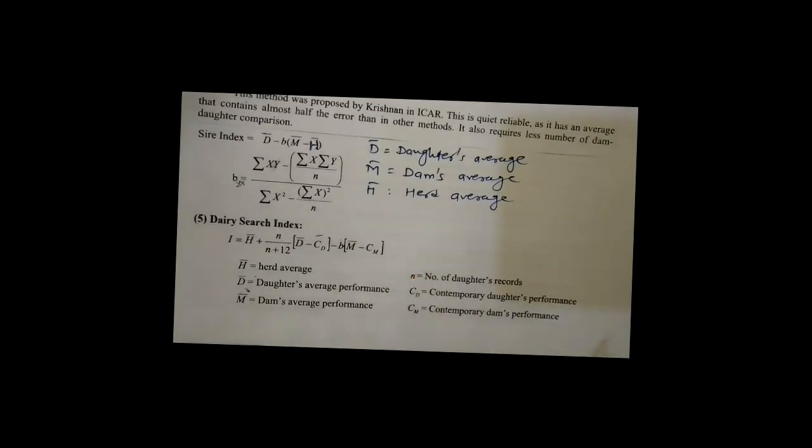Daughters which are born on the same farm, but they are daughters of other SARs which are not under the progeny testing program. These daughters are born in the same herd, getting the same environment, the same feeding and nutrition. So these are the contemporary daughters.